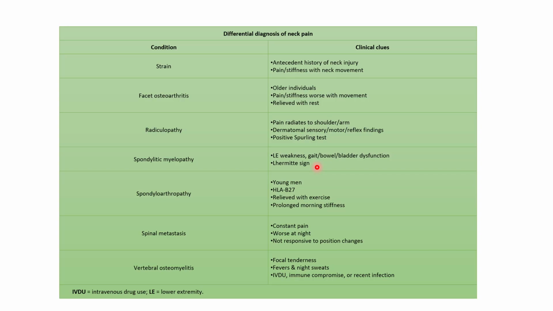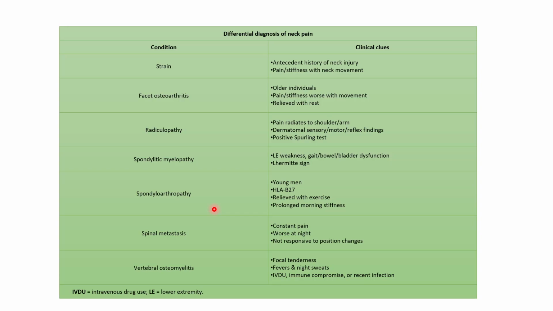Then think about spondyloarthropathy. In spondyloarthropathy, usually a young man, HLA-B27 positive, relieved with exercise, with prolonged morning stiffness.